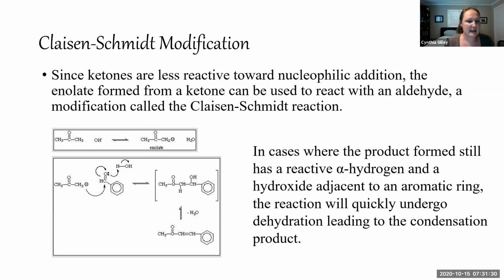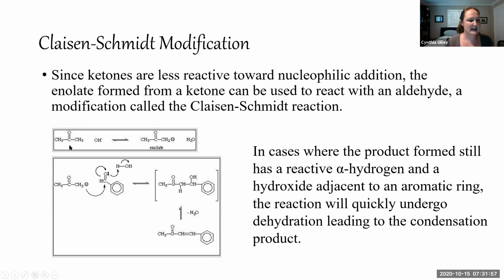And this modification is called the Claisen-Schmidt reaction. So for example, if you take acetone, treat it with a base, you form the enolate of acetone. That can be used to preferentially react with an aldehyde as the electrophilic component compared to the original ketone. The reason for this is because aldehydes are more electrophilic than ketones.